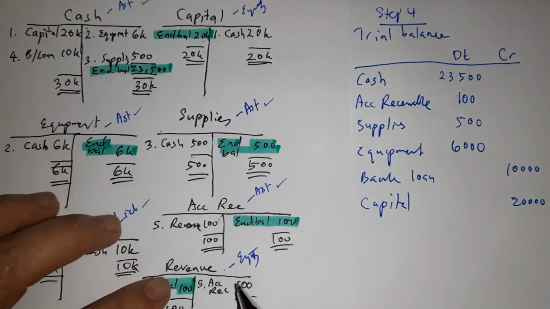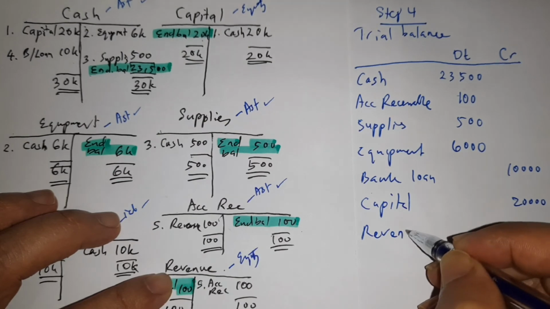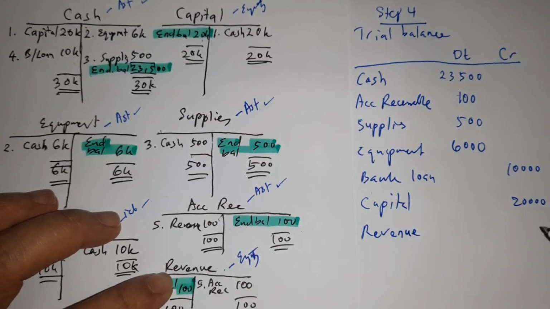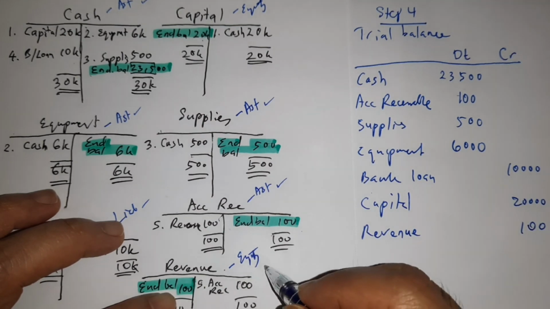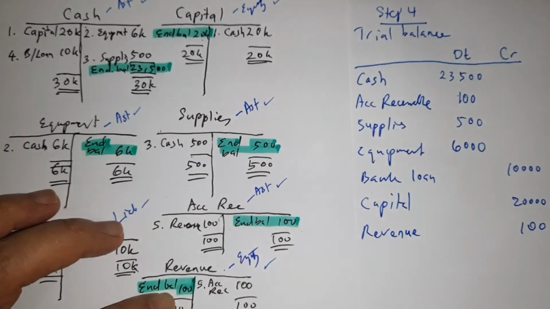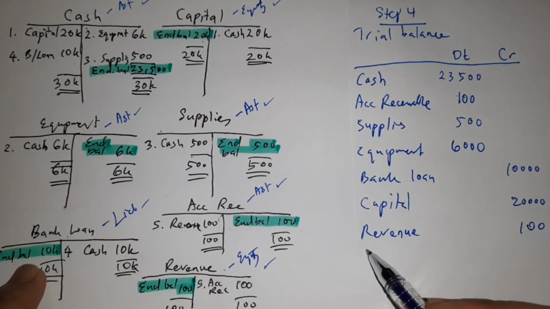So the next thing is we show the revenue. Okay, you list the revenue in the trial balance. The amount is 100 here, debit. Here you have to write it in the credit side. And then if you have expenses accounts, you have to list all the expenses accounts after you write the revenue here.